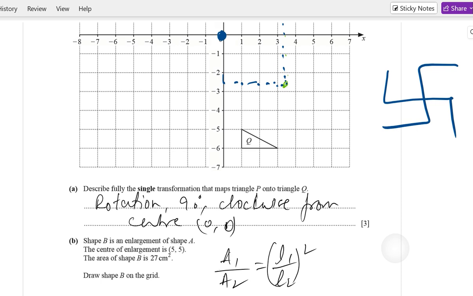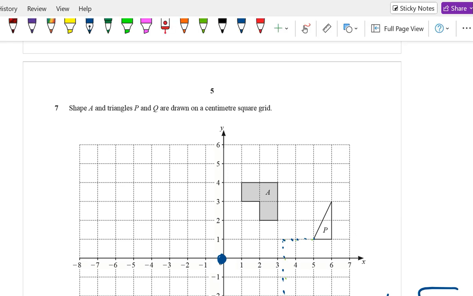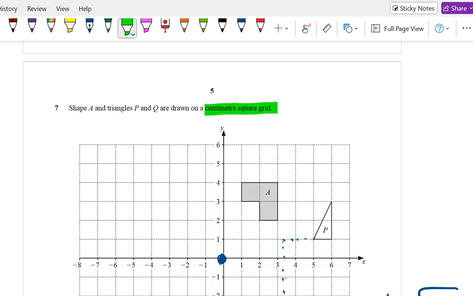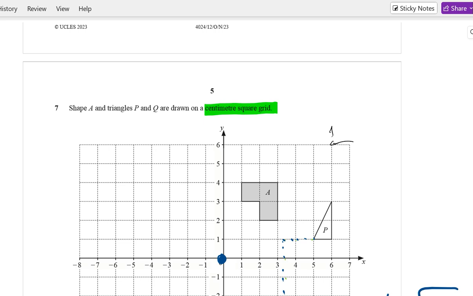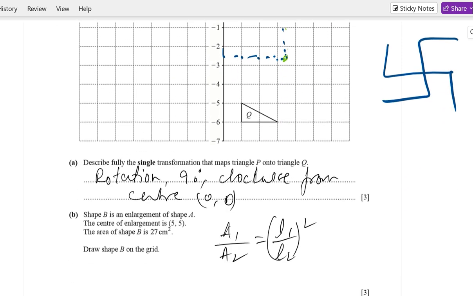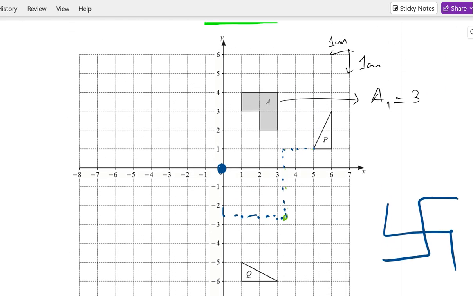So the area of, as they must have mentioned somewhere, yes, it is a centimeter square grid. It means that each box is 1 centimeter by 1 centimeter. So the area of triangle A is 3, and now they are saying the area of triangle B is 27. So 3 by 27. And what about one side?